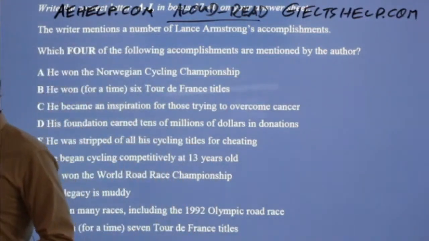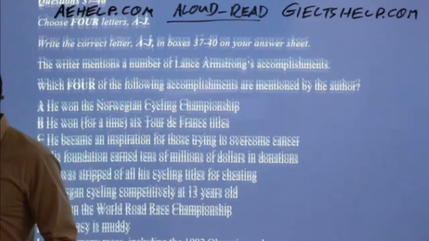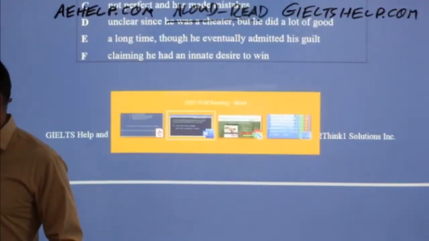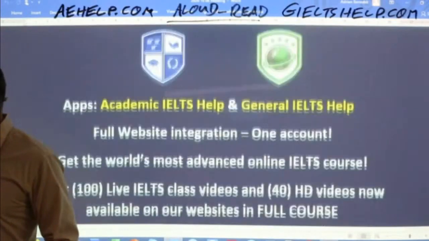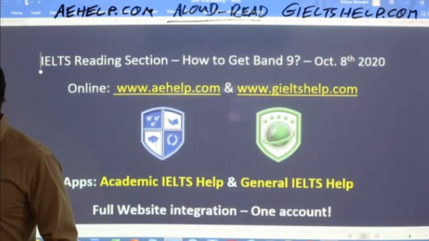So it's important for us to remember the good and forgive the bad. So forgive the bad. All right. That is Lance Armstrong and section 3 from test number 5 of our general IELTS.